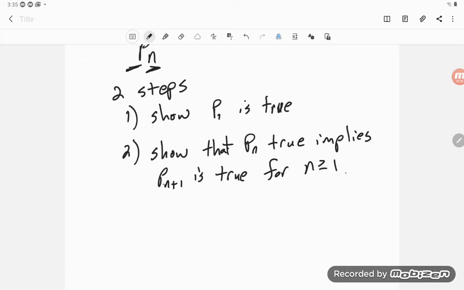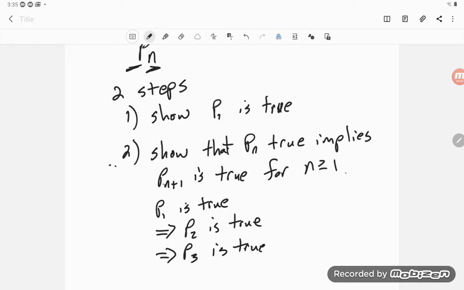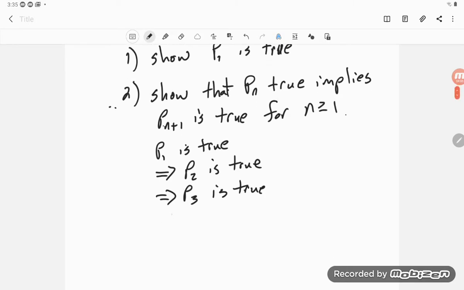And now you see that recurrence idea at work. If I know P1 is true, then if I have this second thing, that implies P2 is true. But if P2 is true, that implies P3, or the case for n equals 3 is true. And so on. So that gives me a chain that says it is true for all n.